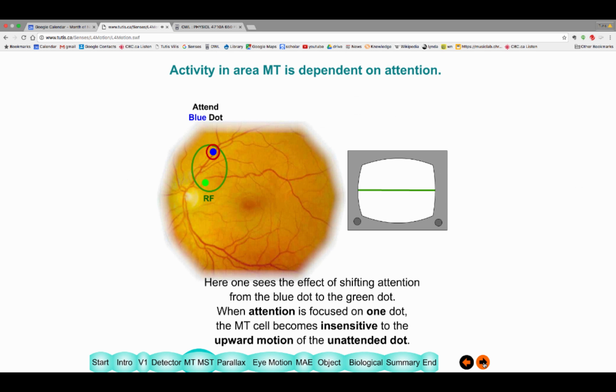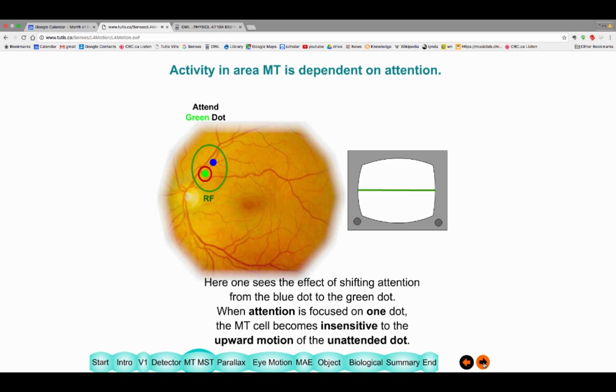You can see that the cell fires now when something is moving up, and we're paying attention to the blue dot. Now it's firing again, but we're paying attention to the green dot.